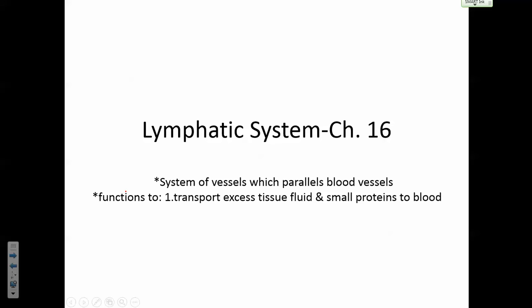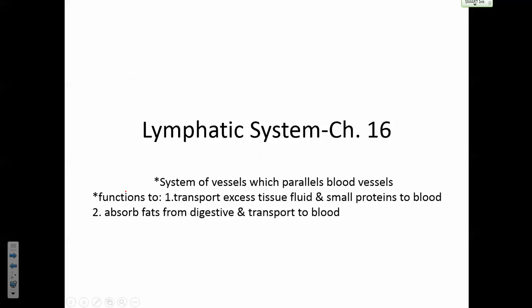So one of its roles, the big one we're going to talk about today, is that of draining your tissues of any excess fluids. Okay, and so we'll look at that movement. Another function of the lymphatic system that we'll see more when we get to the digestive system in the next unit: you have a digestive tract that absorbs a lot of nutrients from the foods that you eat.